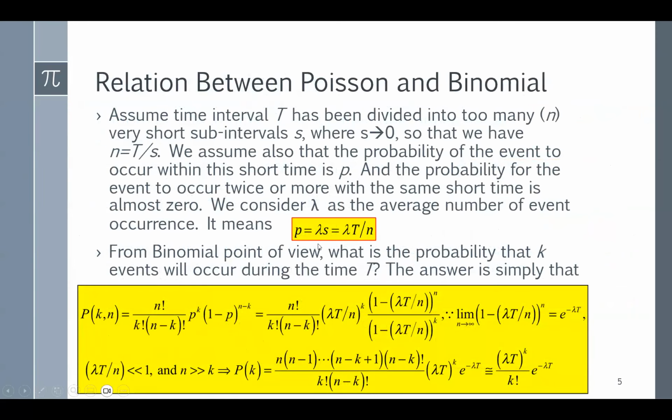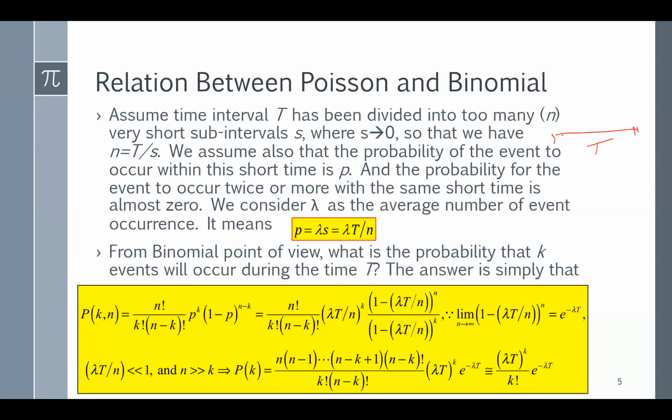Here we can see the derivation of this Poisson distribution from the binomial, as I explained before. So we are looking within a certain time, this time is time t.